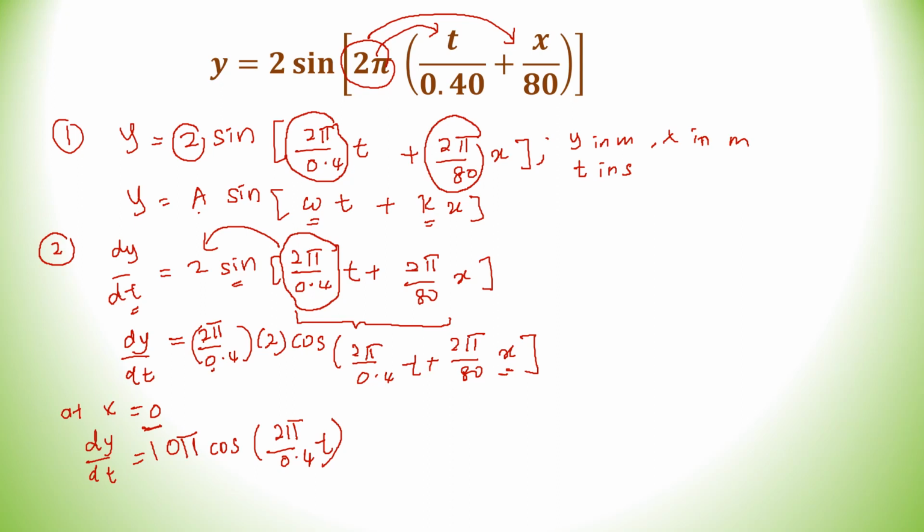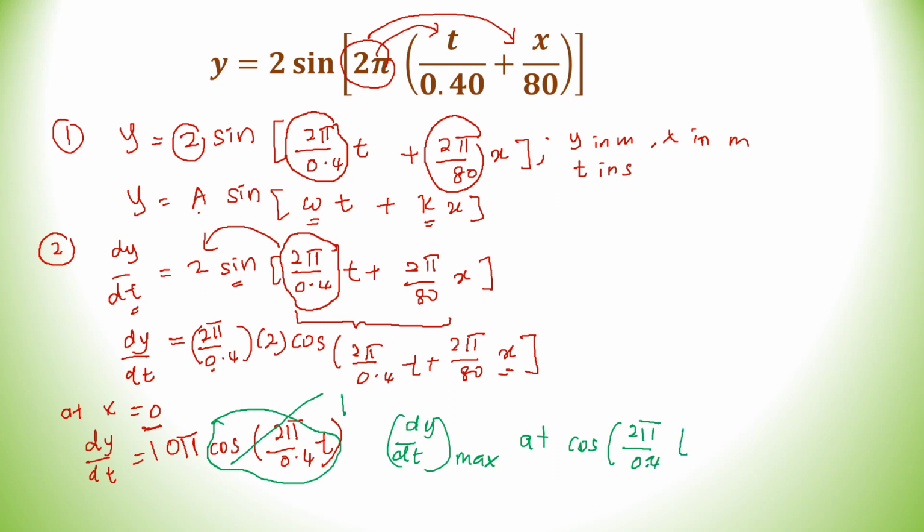The question asks, what is the value of dy/dt at x maximum? dy/dt will be maximum when cos theta equals 1. So dy/dt is maximum when cos of 2 pi over 0.4 t equals 1.